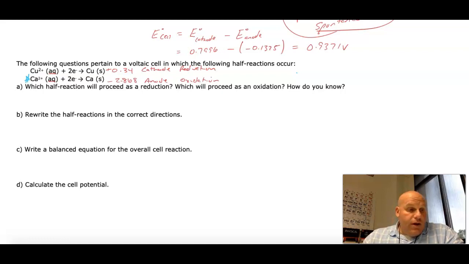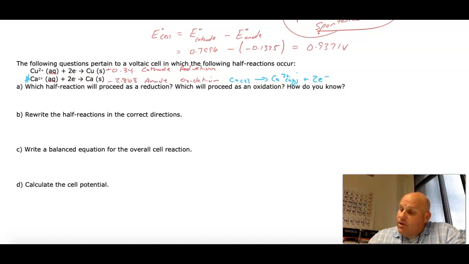So I need to then flip this reaction around to show an oxidation reaction, which means that I would have Ca solid producing my Ca2+ ion plus 2 electrons. Again, oxidation is loss of electrons. Okay, so that's now my half reaction, which will be important when I have to write my overall balanced reaction.